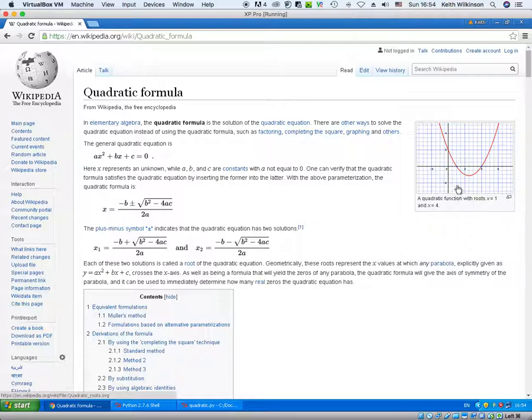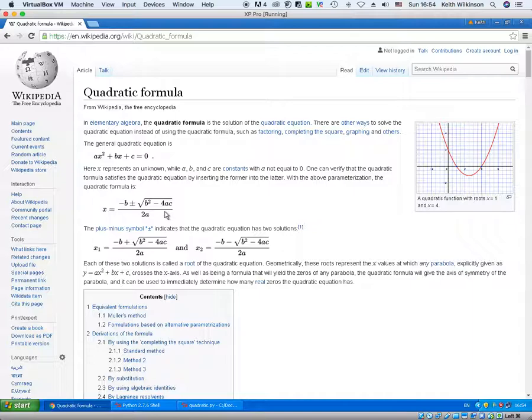And a root is where it crosses the x-axis. So you can see I've got my mouse just pointing at one root and a mouse pointing at the other root. And this formula here is used to solve it, and that's quite a challenging formula in maths.